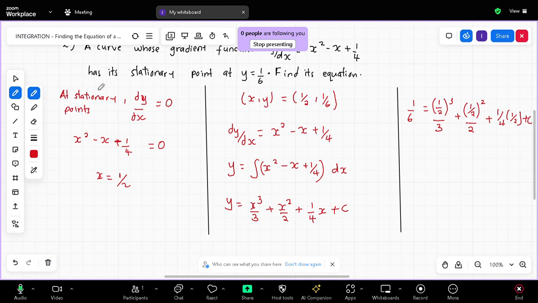So the value of c here is going to be 1 over 6 minus 1 over 24, that gets you 1 over 8. When you find the value of c here, you're going to obtain 1 over 8.